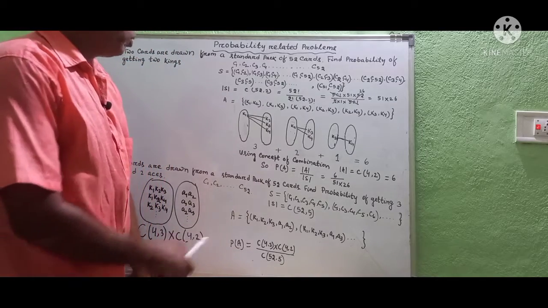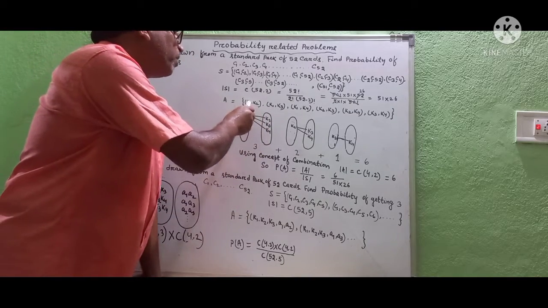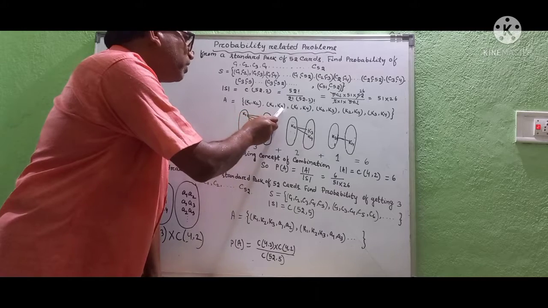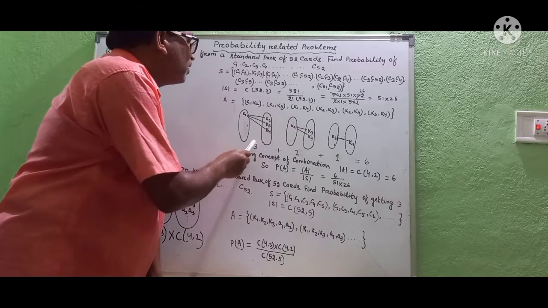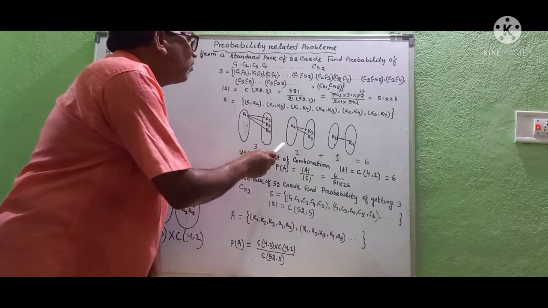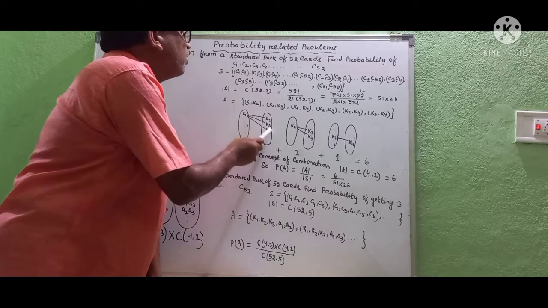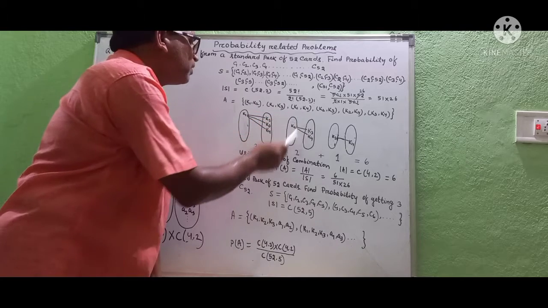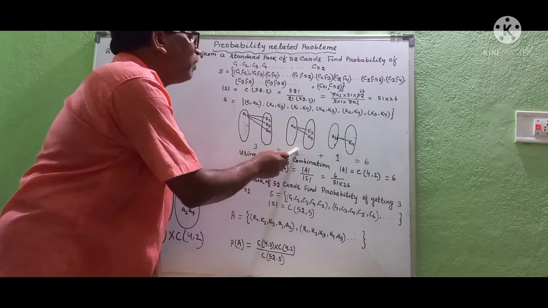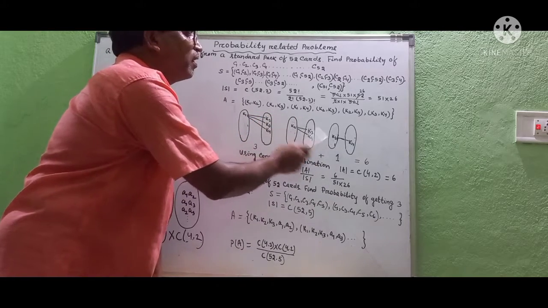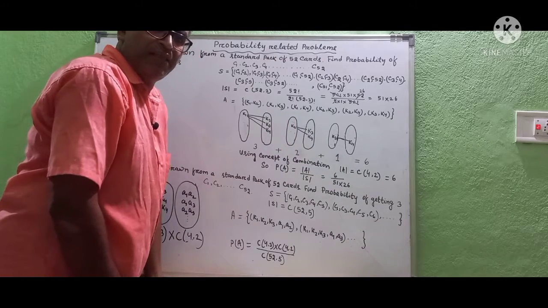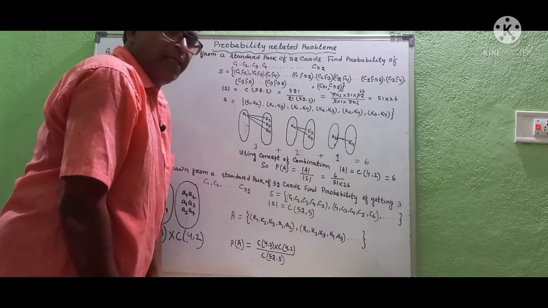Right? So total number of elements of A, how much? Here 3: K1 K2, K1 K3, K1 K4, 3 elements, plus here 2 elements, here 1, that is equal to 6. I have shown it analytically.